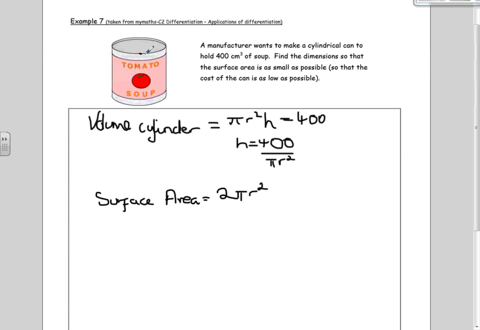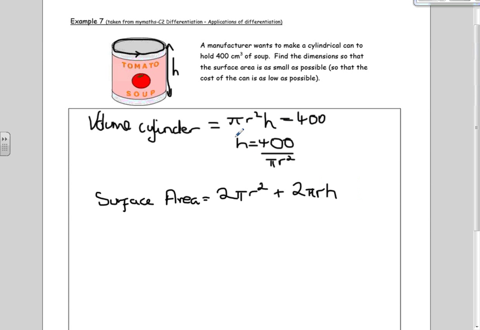The length of the rectangle is the circumference of the circle, 2 pi r, and the width is h, the height of the can. So we'd have 2 pi r h.